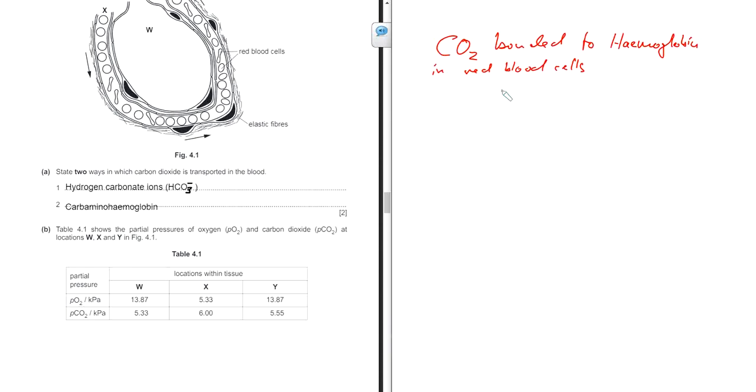Again, around 70% is in the form of the hydrogen carbonate ions of the carbonic acid, and these hydrogen carbonate ions are produced by an enzyme that speeds up the reaction of carbon dioxide with water to form hydrogen carbonate ions. This is carbonic anhydrase.